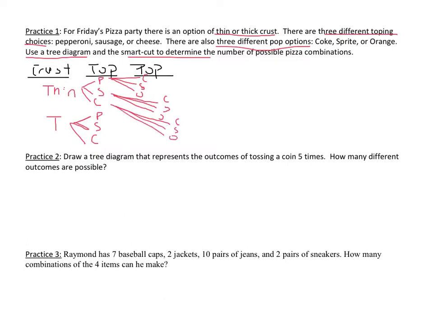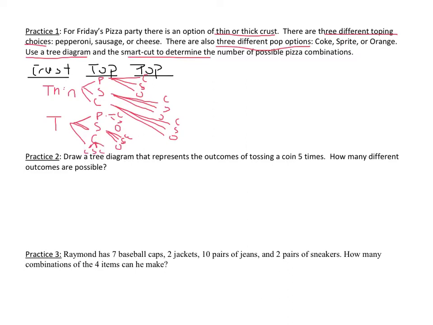Now we did the thin crust, so now we're going to do the same with the thick. We have Coke, Sprite, or orange, again Coke, Sprite, or orange, and then again, last, and I'm going to do this one down here, Coke, Sprite, or orange.